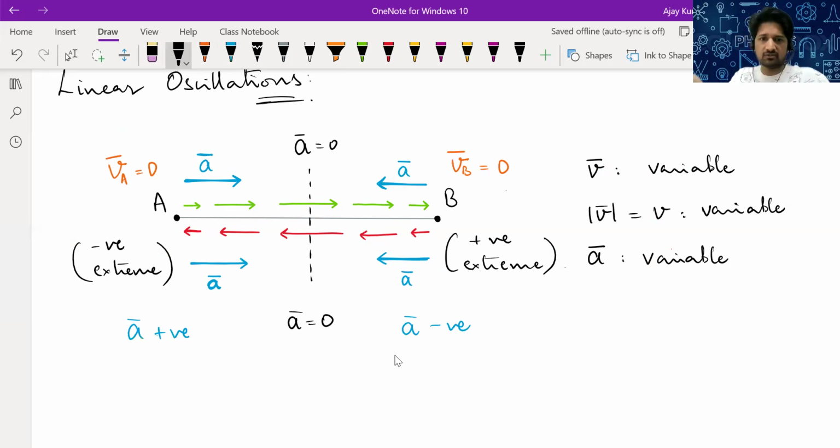From positive, if it has to change to negative, somewhere it will have to touch zero. So there will be one position where the acceleration is zero, and if you release the oscillating system from that position, it won't start moving. That position is what we call the mean position.